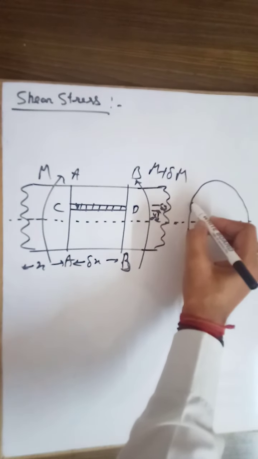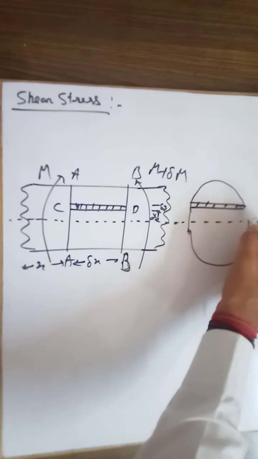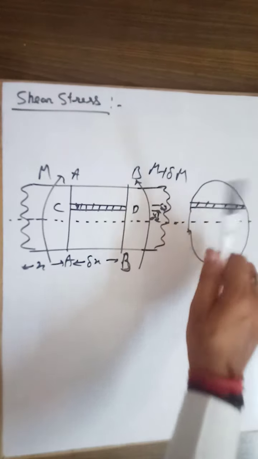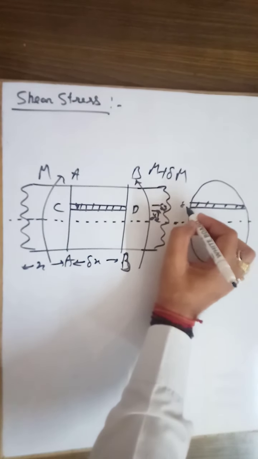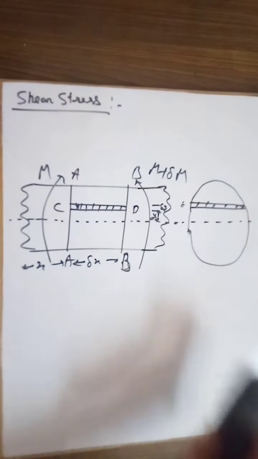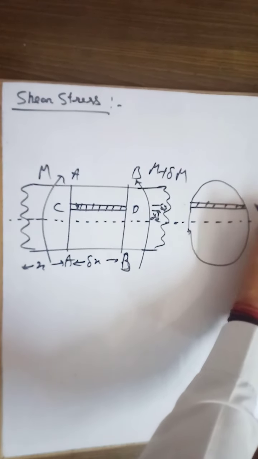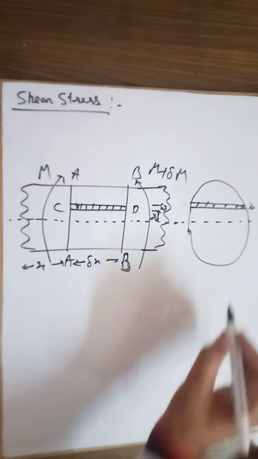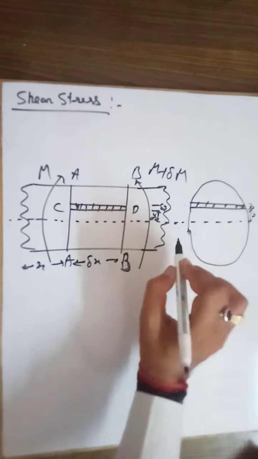Here is our CD, and this particular distance is delta y, and it is at a distance y from the neutral axis.